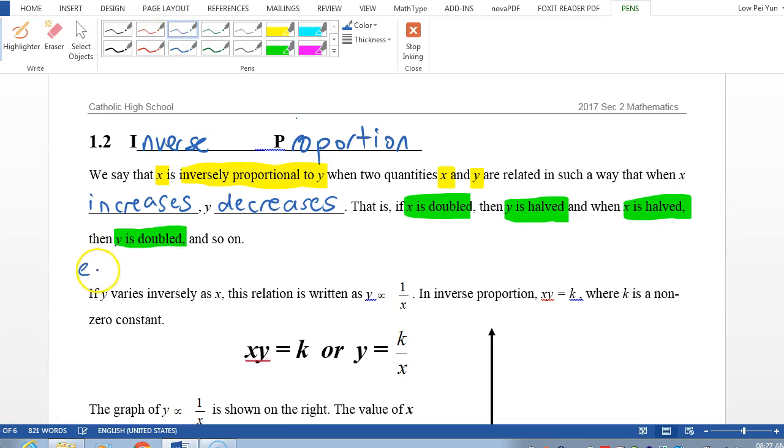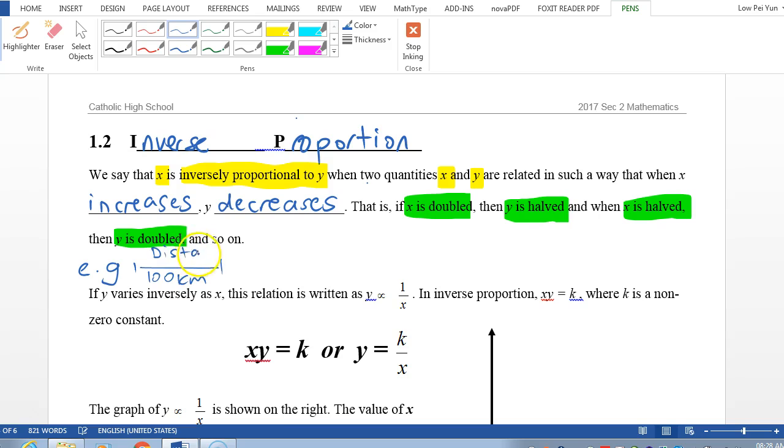Now, for example, if I have a distance of 100 km, let me quickly draw a straight line that represents a distance of 100 km. Let us write this down, 100 km.